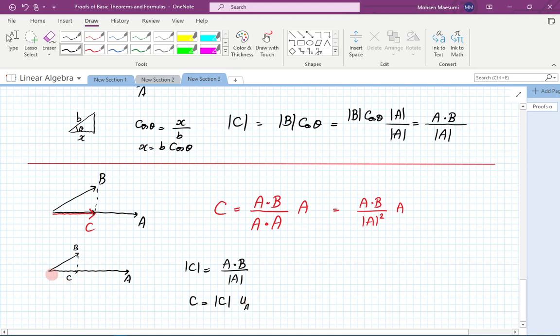Is that right? If I want to make this vector, all I need to do is find a unit vector in the direction of A and multiply it by the length of the vector I want.